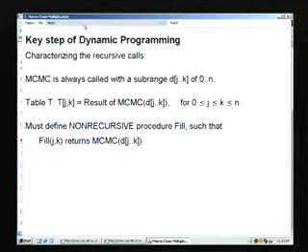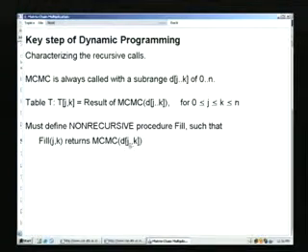Our next step is to define a non-recursive procedure fill, which will be used to fill this. If we call fill with jk, we should get exactly what is supposed to be filled over here, or it should return MCMC of Djk. So, we need to figure out what exactly MCMC of Djk is.